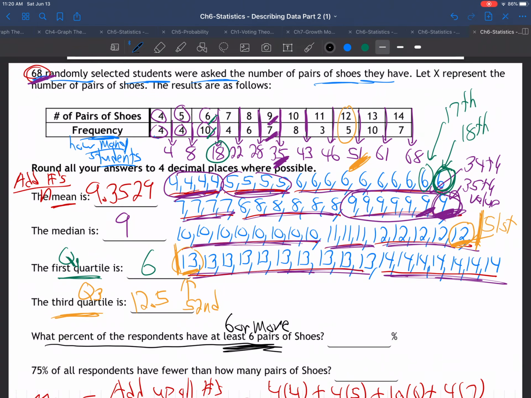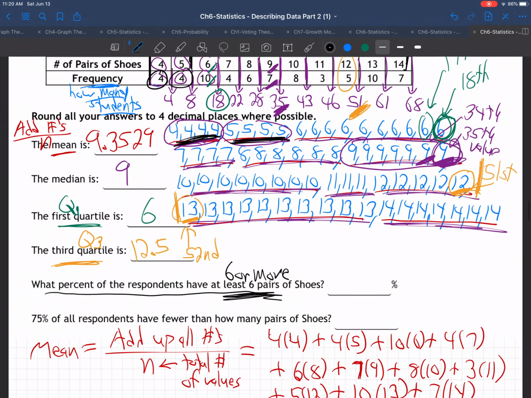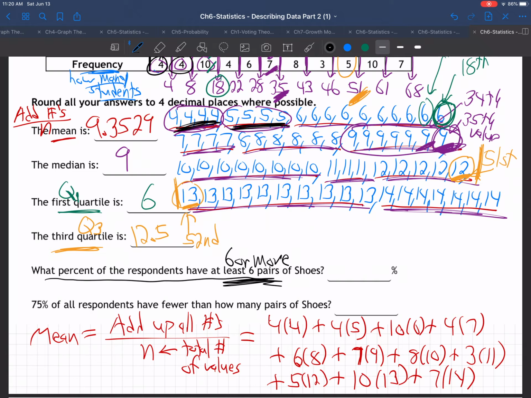Well, all these. That's everybody except for these 4 and these 4, the 4 4s and the 4 5s. Everybody else has 6 or more pair of shoes. So that's all but 8 people.